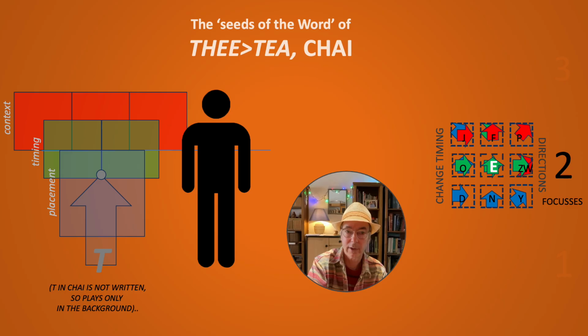Now, this was already two different words for the same thing, the T and the T. You also have chai. Chai, it's written with CH, but also that one, you hear the letter T in the beginning. Also there in chai, it is not written down, so it only will play in the background.